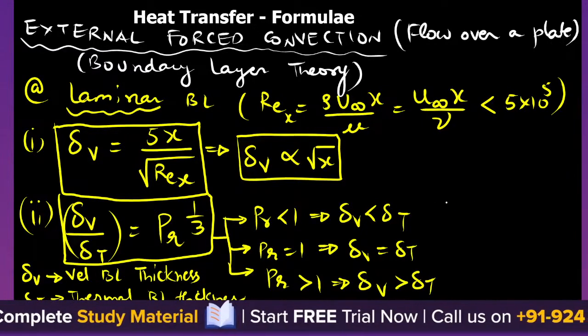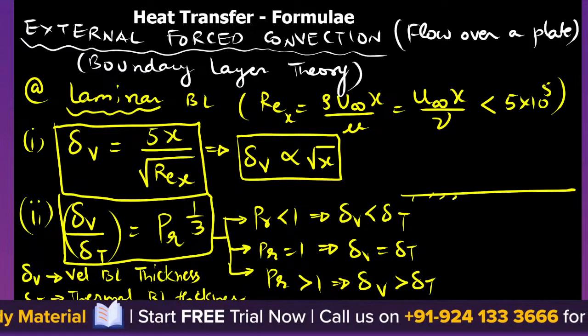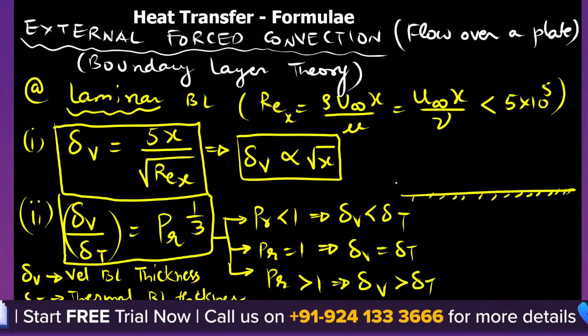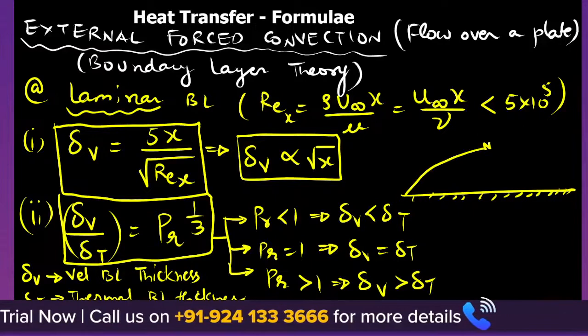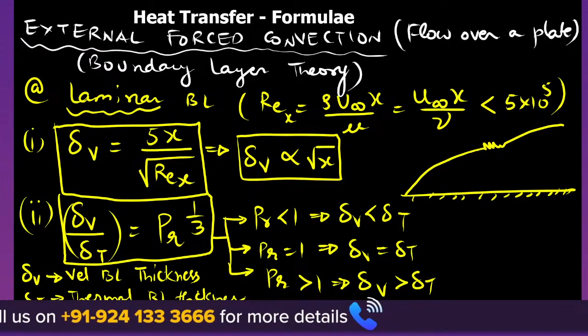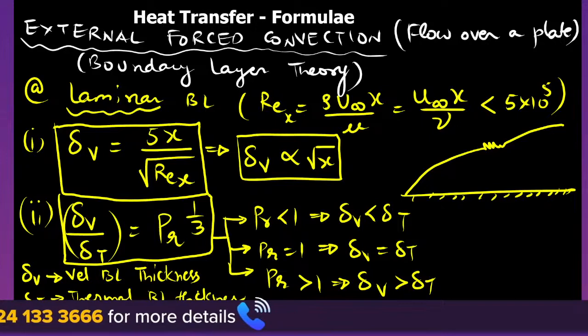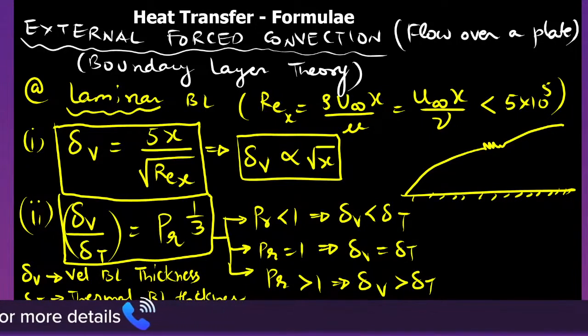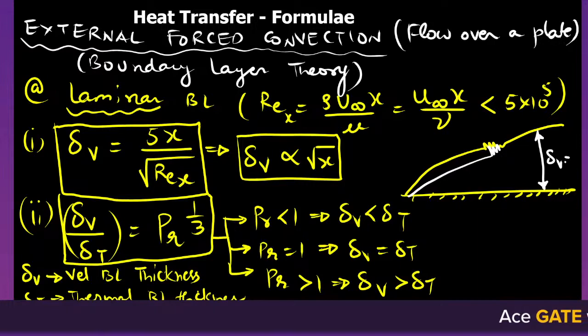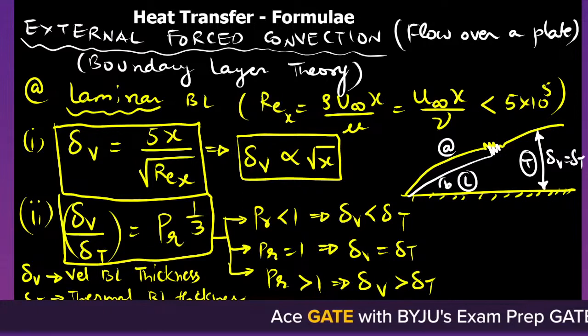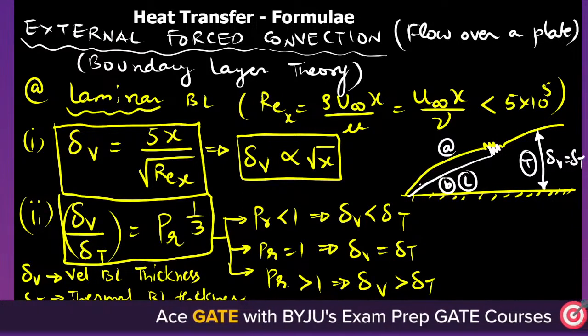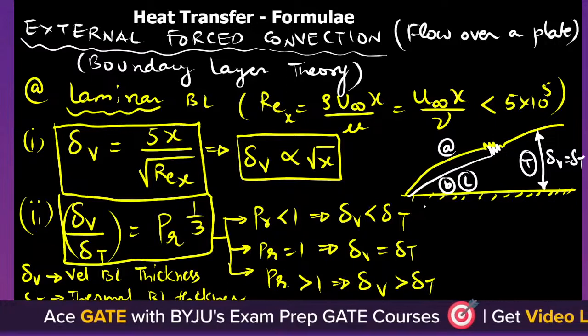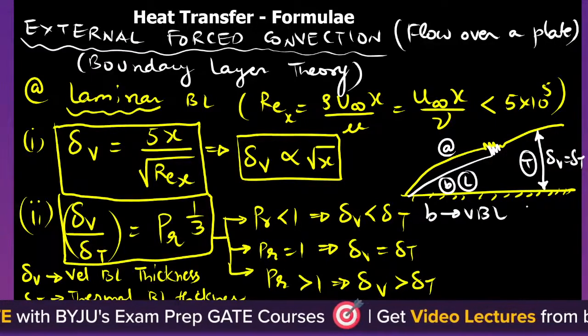If we draw the growth of the boundary layer over a flat plate, it will be something like this. In the laminar region, there will be two boundary layers, but in turbulent, it will be a single one, delta V equal to delta T. In the laminar boundary layer, one curve is A, another is B. If the Prandtl number is less than 1, then B is the velocity boundary layer.